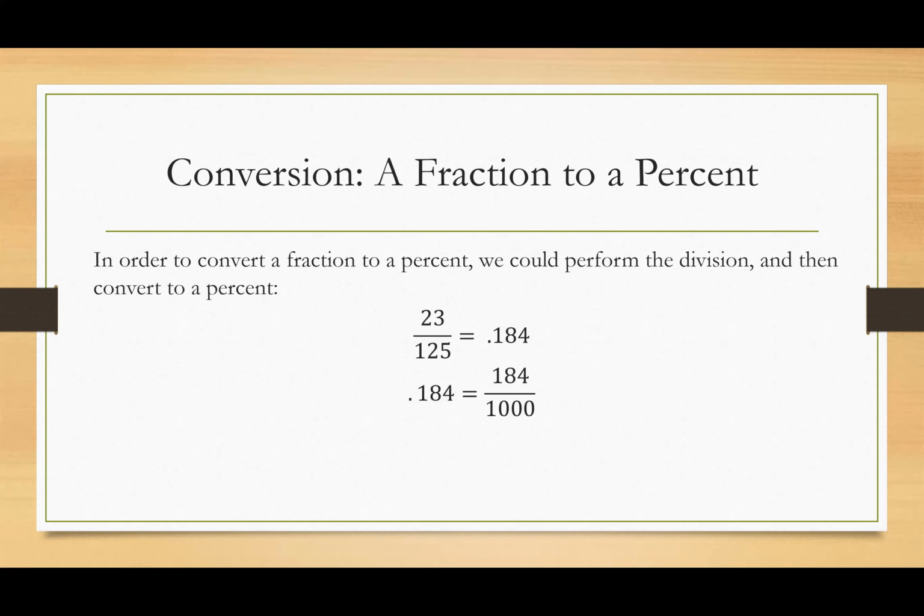And 0.184, notice again the 4 is in the thousandths place, so that is equivalent to 184 divided by 1,000. And to convert to a percent, we can multiply that by 100%, which gives us 18.4%.